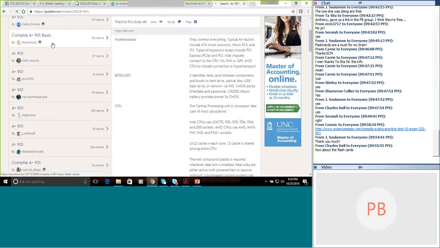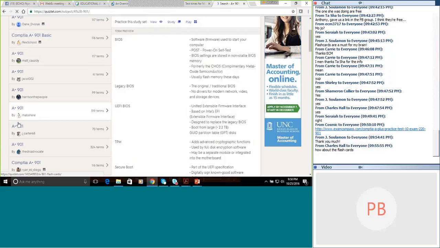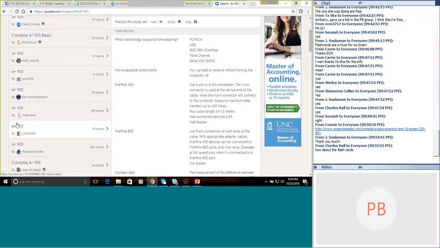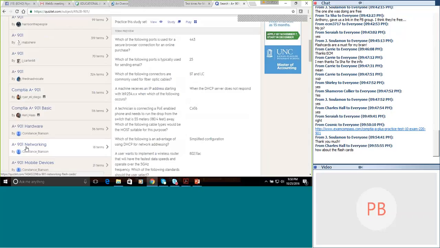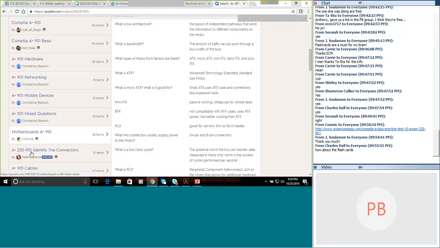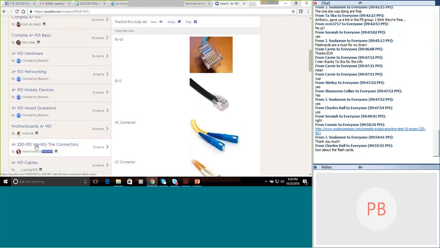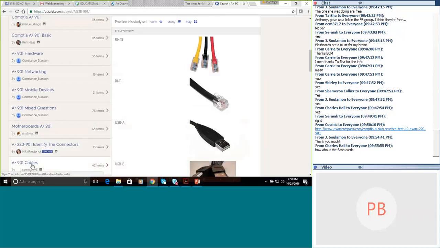There are a bunch of different sets of flashcards and questions on Quizlet. You see, this gives you pictures of the different connectors. You need to be able to identify them. Cables.